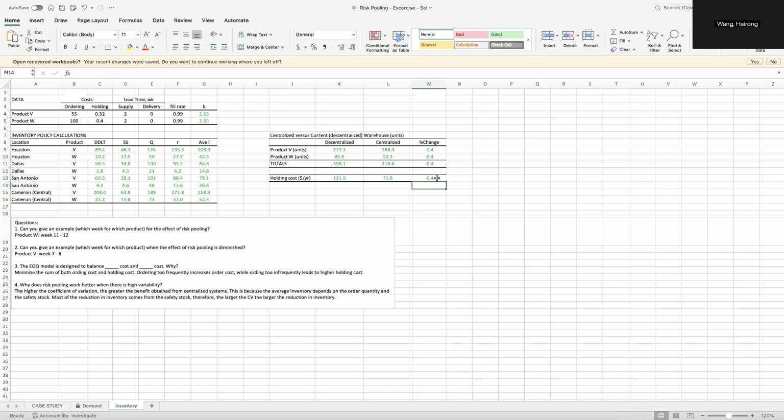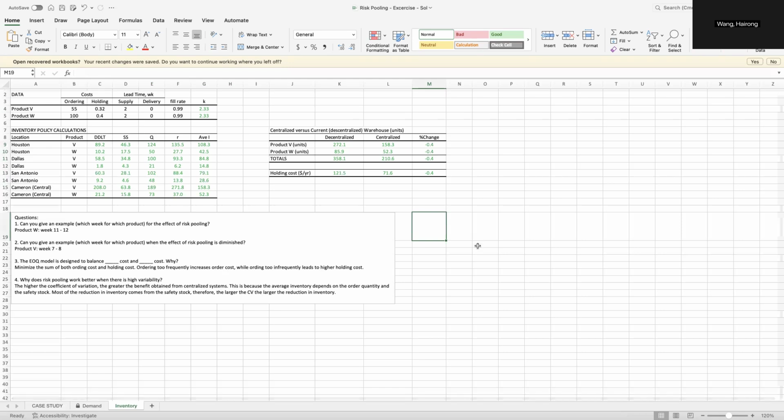So although after rounding they are approximately equal to minus 0.4, when you calculate it on your own, you will find that the number here is not the same as the number here. You are encouraged to check by yourself. All right, then that's all for the calculation part.